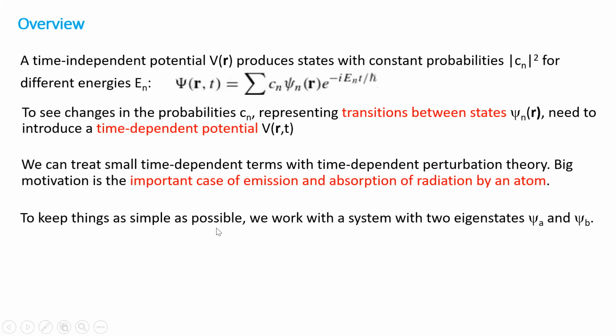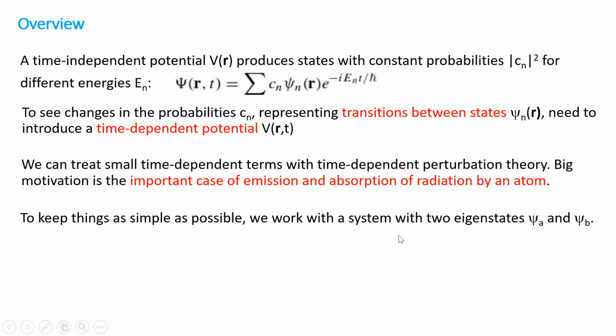So to keep this as simple as possible, we'll work with a system with two eigenstates, psi A and psi B, as opposed to the infinite square well, which has an infinite number of states, or the hydrogen atom. We'll just assume we have two eigenstates, psi A and psi B. The mechanics of this can be extended to more than two states, but it's the same idea.